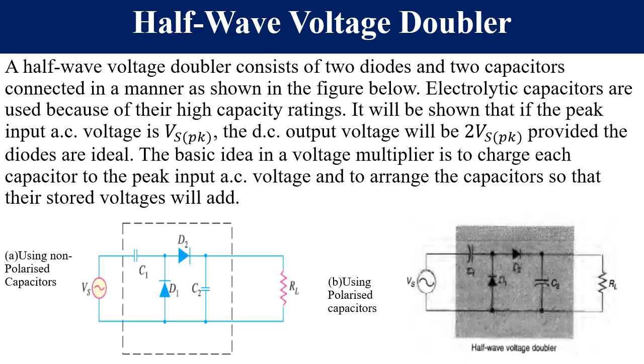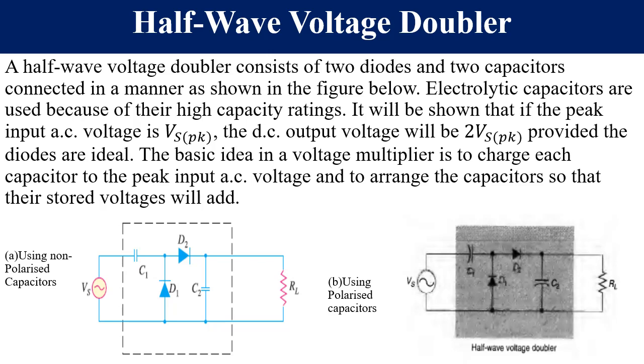So we want to analyze how that circuit produces a DC voltage that is a multiple of the input AC voltage, in this case by 2. So the DC output voltage will be 2 times Vs, where Vs stands for the supply voltage, and it is the peak of that supply voltage that we multiply by 2 to get a DC output voltage.